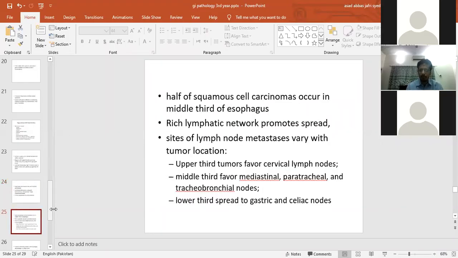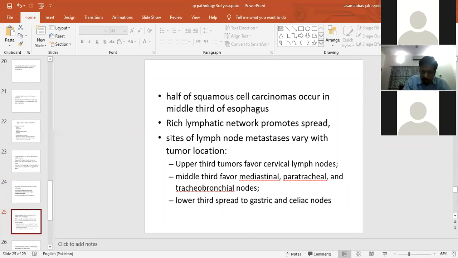Half of the squamous cell carcinomas occur in the middle third of the esophagus. Now, this is important. The adenocarcinomas of the esophagus occur more in the distal third, or at the gastroesophageal junction, because that was the site of Barrett's esophagus. But squamous cell carcinomas tend to occur in the higher portions of the esophagus.